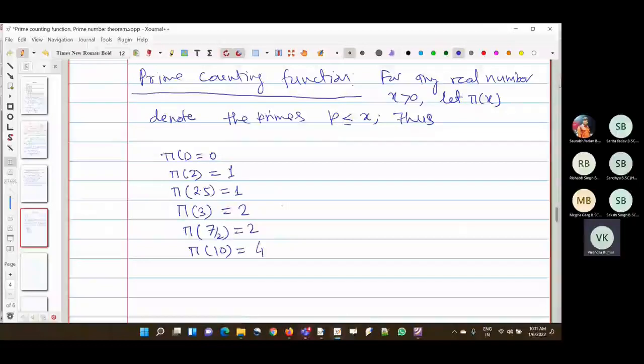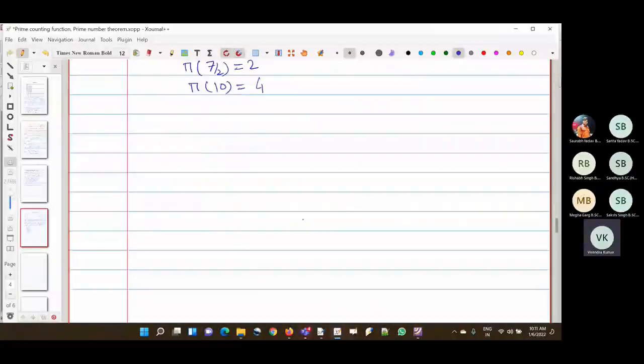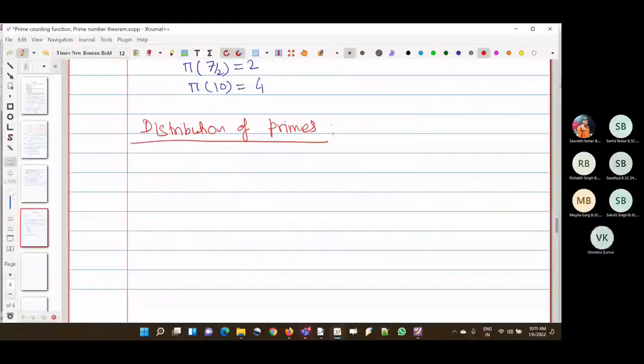Okay, let us see some results on the distribution of primes. One result you must know is that every integer can be written as a product of primes.